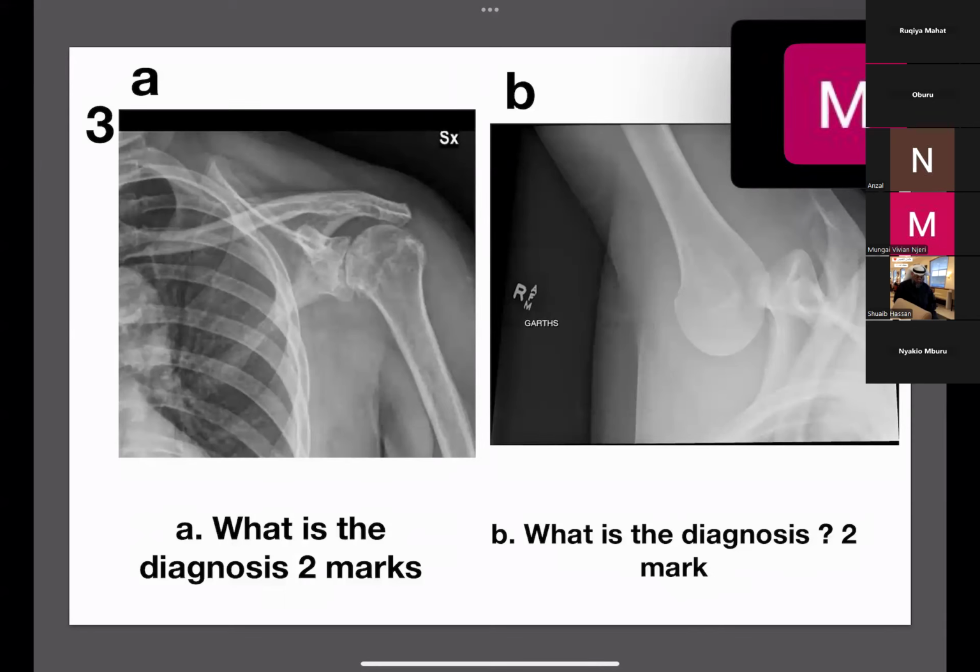I always tell people who come to my ward to make sure they read just small books. Don't spend time reading very large books, because all they're going to ask you is simple things like, what is the diagnosis in 3A? Can somebody tell us?